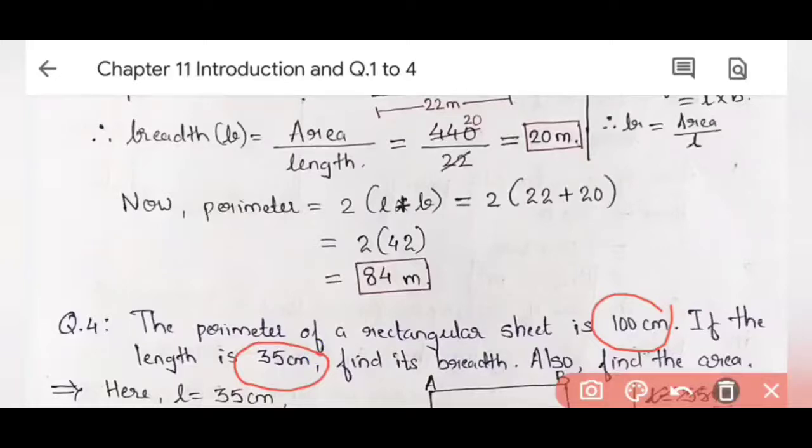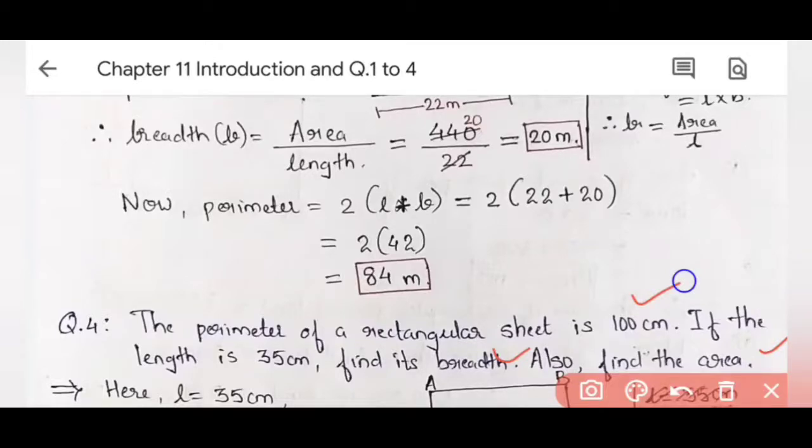Here we are supposed to find two things, that is area and breadth. What have they given us? They have given us perimeter this time. Last question they have given us area and we were supposed to find perimeter and breadth. This time they have given us perimeter and we are supposed to find breadth and area.